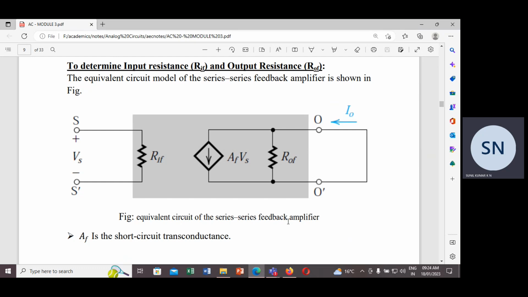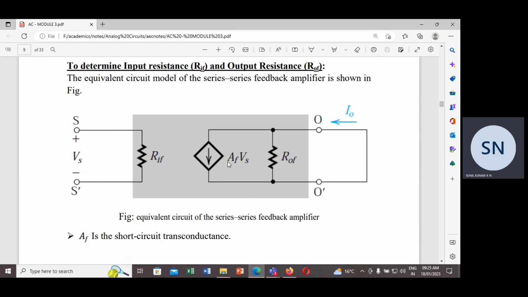When you write the series feedback, again you can see the gain which you are going to get is AF. For any type of amplifier, I have written on the board on the first day itself: with negative feedback, for all four different types of amplifier, the gain is going to remain constant. What is the negative feedback gain? Negative feedback gain AF is A over 1 plus A beta.